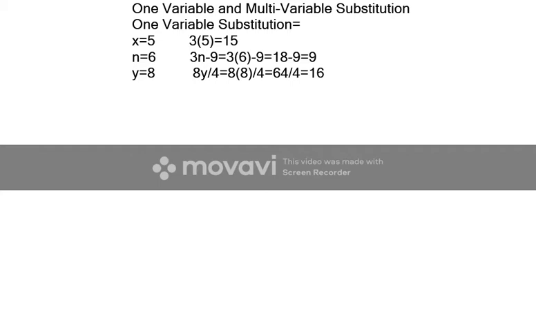Alright, let's do another question. Let's incorporate all that we've learned so far, but it's still going to be one variable, and we're going to incorporate the same variable twice. So let's say z is equal to 9.